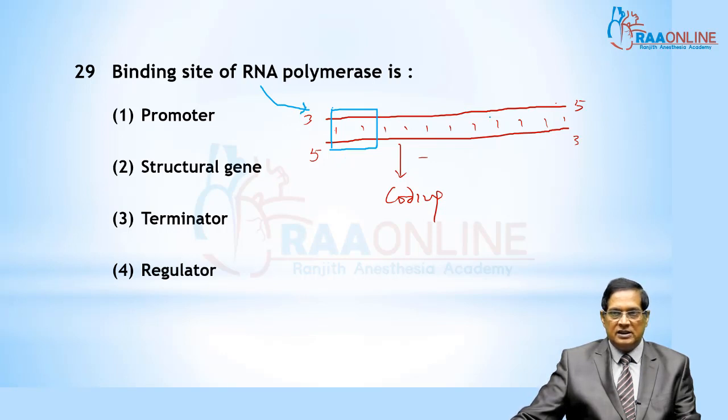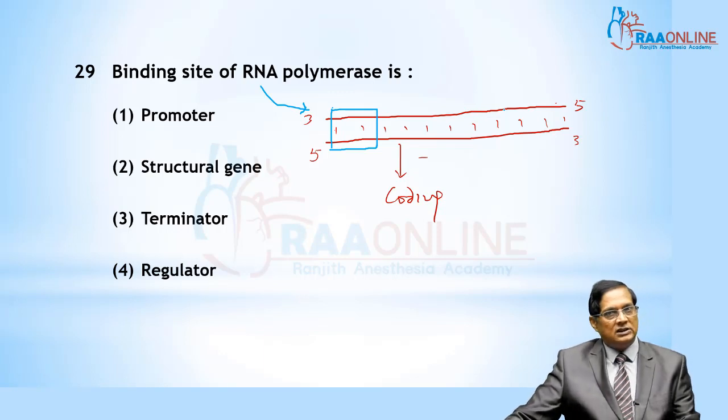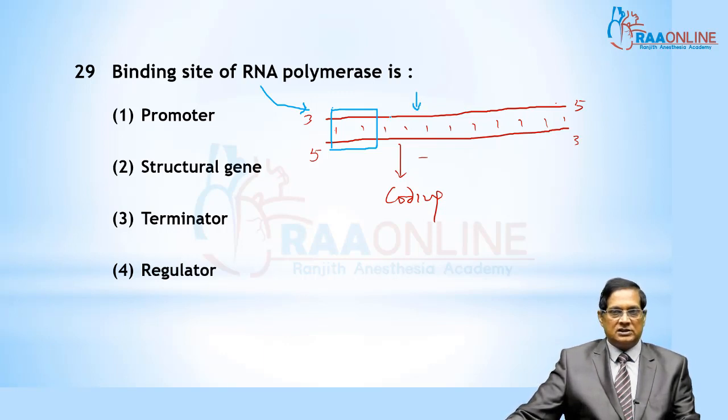Then this is the region of DNA which is transcribed by the RNA polymerase. This portion is called the structural gene.